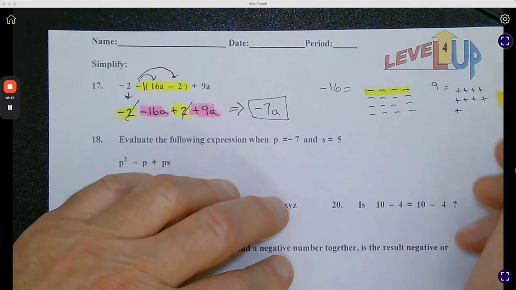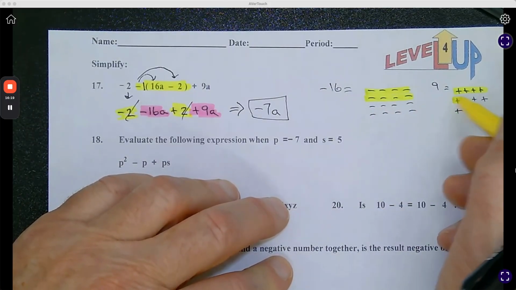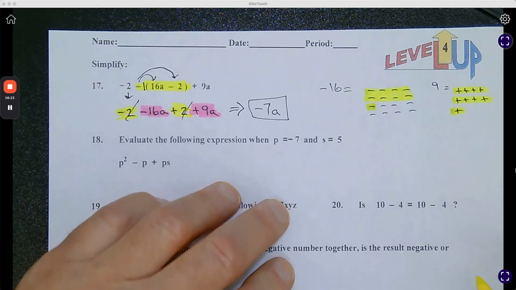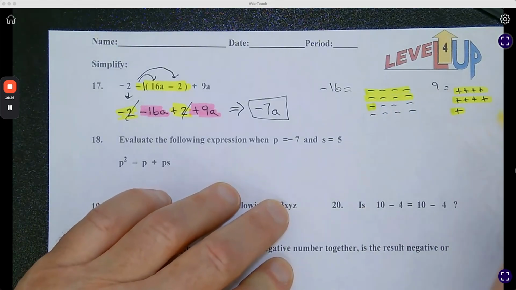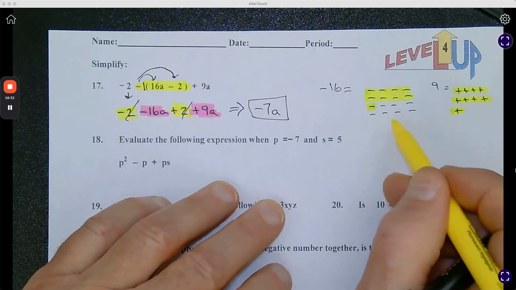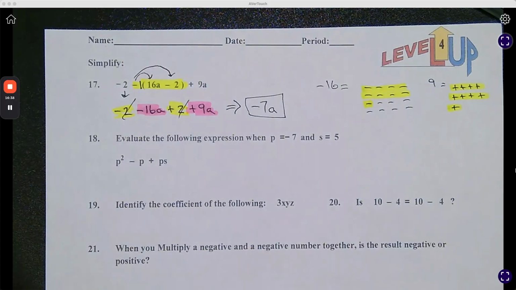So those 4 negatives cancel out with those 4 positives. Those 4 negatives cancel out with those 4 positives. That 1 negative cancels out with that. I have no more positives left. So that means my count is 7 negatives. And that's how I got that. So a negative and a positive cancel out. All right, I hope that helped.